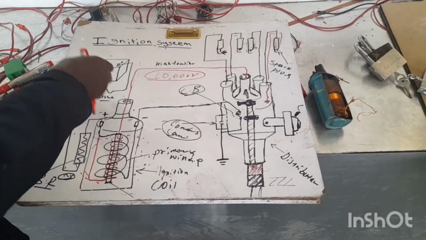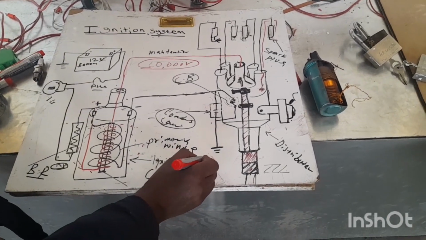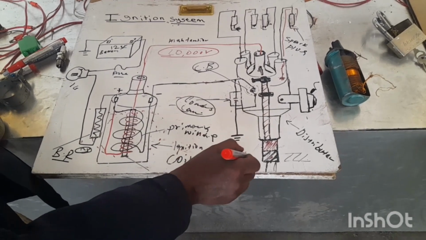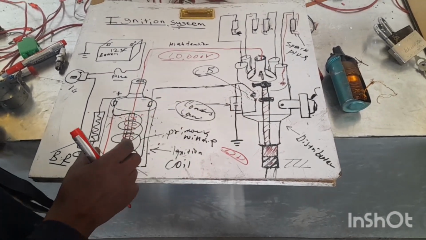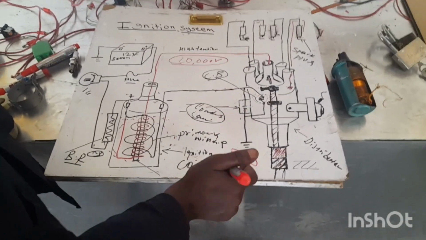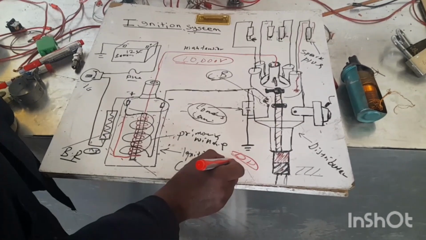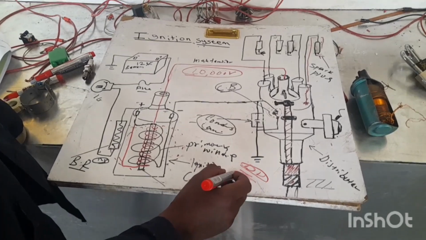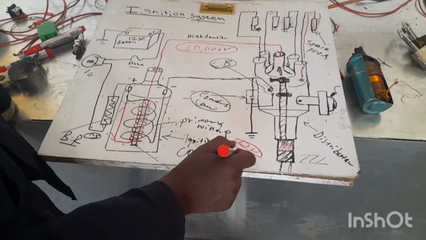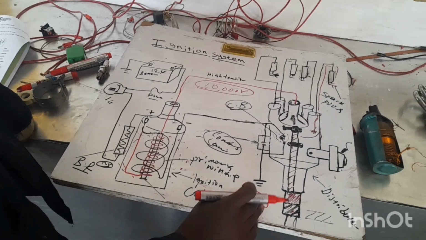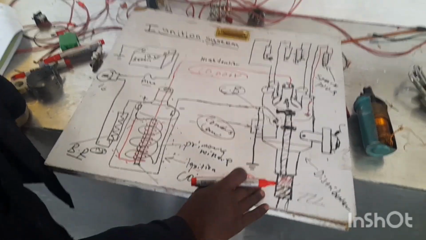Since our power source is DC, that means the battery, the mechanism of producing voltage is by changing the direction of the current, and by collapsing the magnetic field. By those two means we produce EMF.